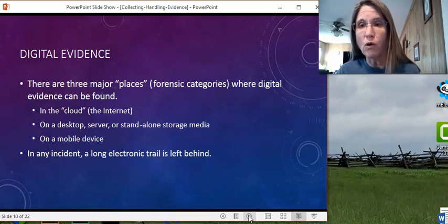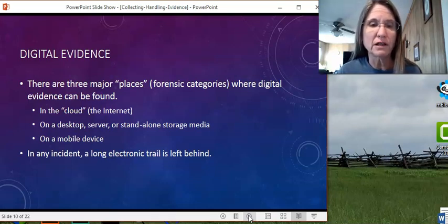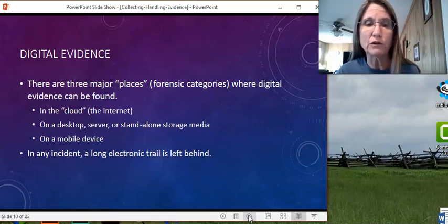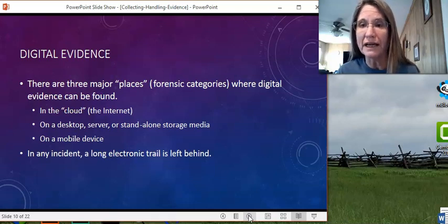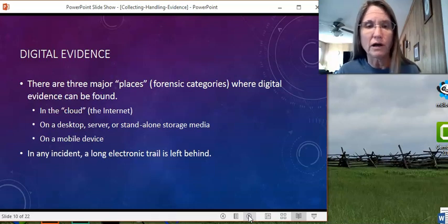In the cloud or anywhere across the network; on a desktop server or anything that we might consider to be an end device connected to the network, and in that same category we can include standalone storage media like an SD card or a USB thumb drive; and the third major category would be on a mobile device like a smartphone or a smart camera of some type.